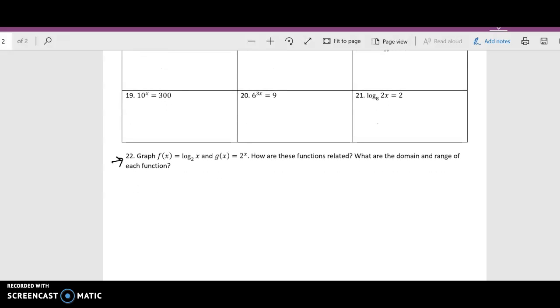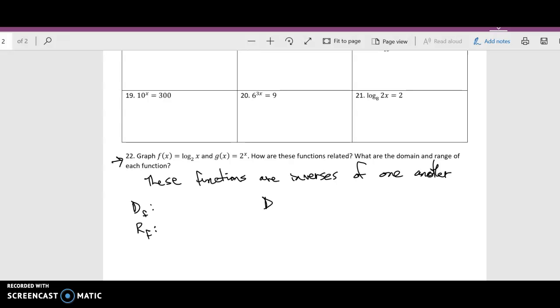What are the domain and range of each function? These functions are inverses of one another. And we want the domain of f, the range of f, the domain of g, and the range of g.